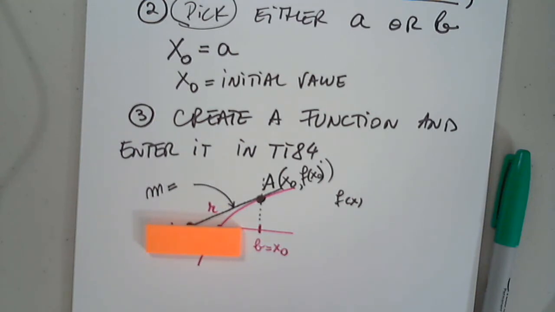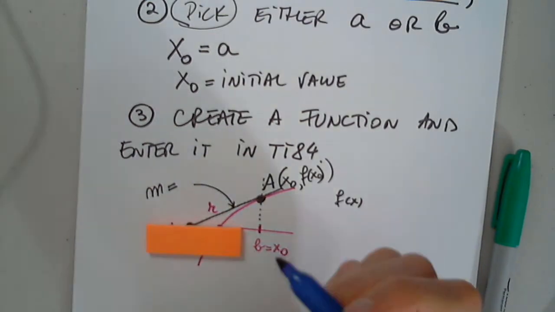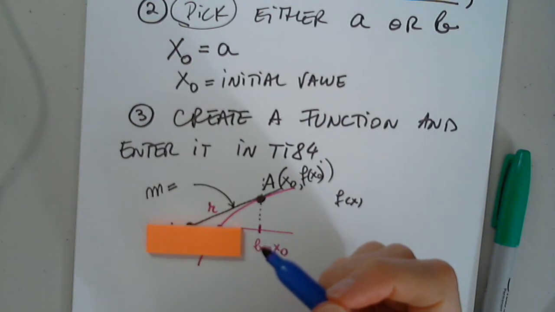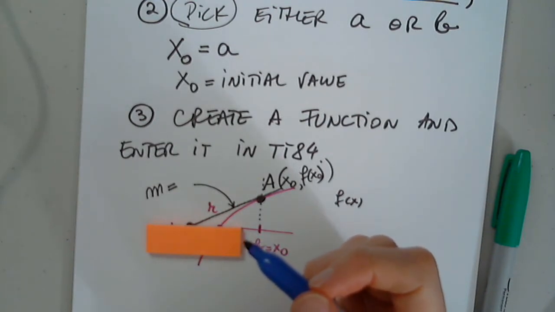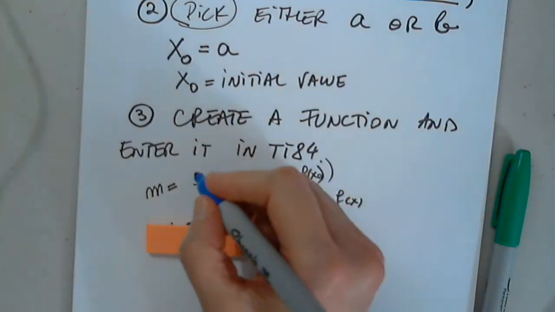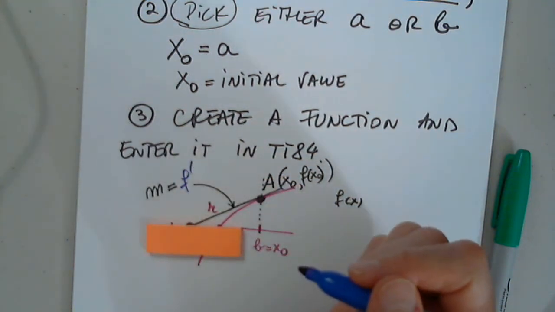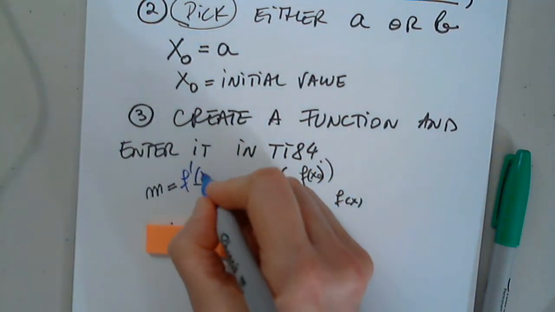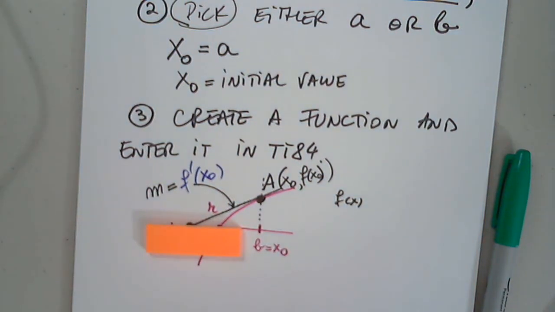What did we say in calculus? The derivative of something. Yes? Oscar, what do you think? The derivative of f at the initial value. Yes. Awesome. It is f prime of x0. No question there. Good.